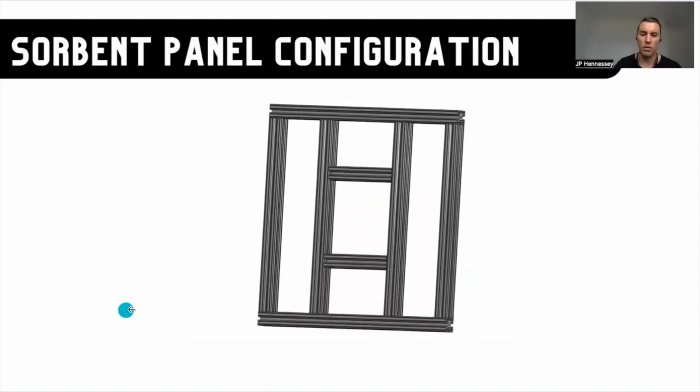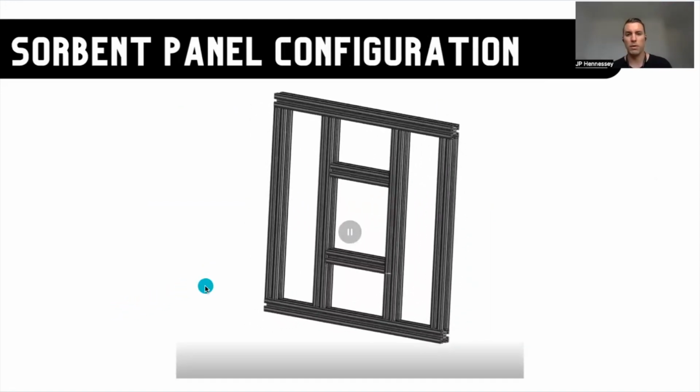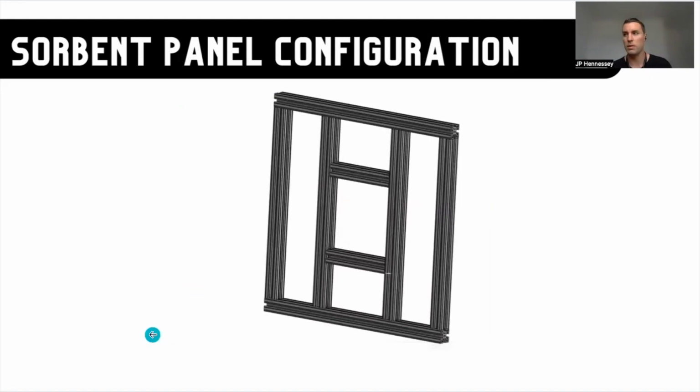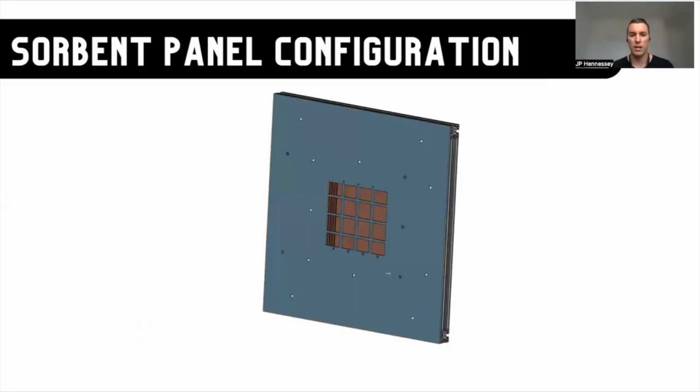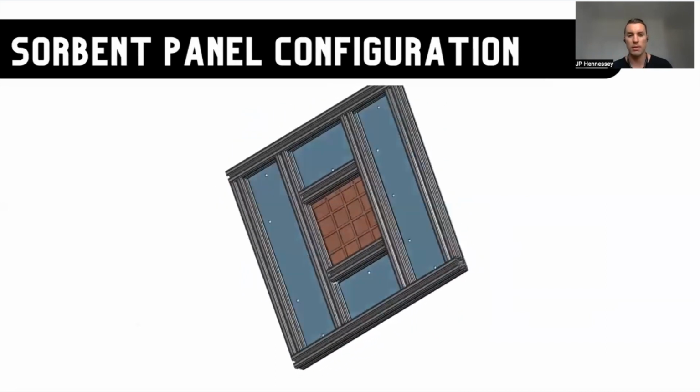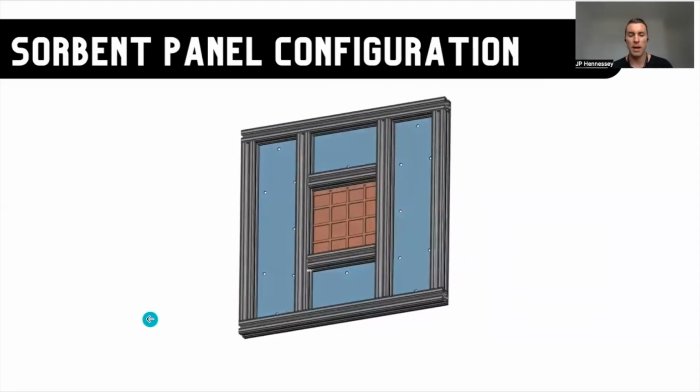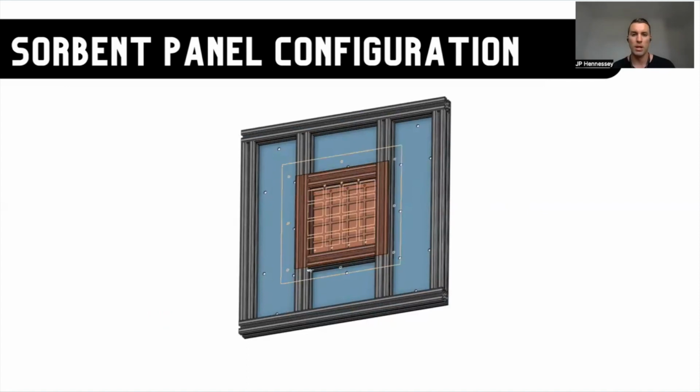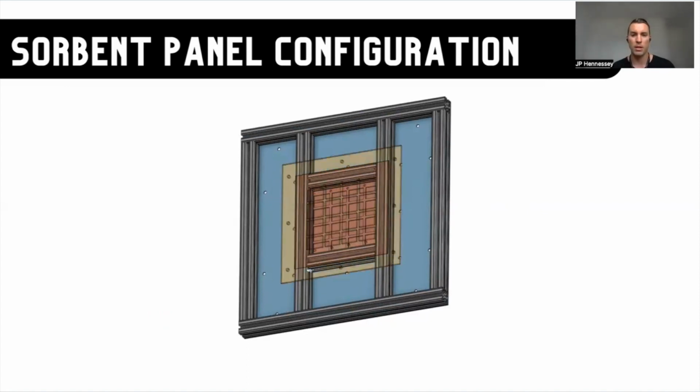Yeah, sure thing. So here will be a quick video of the different components. So the centerpiece is going to be where the sorbent will be placed. There'll be a screen that holds the sorbent in, and then an overall faceplate that will keep all the components together. Similarly, on the backside, after that center area is loaded with sorbent, another screen will be placed on the back, and then another back panel there.